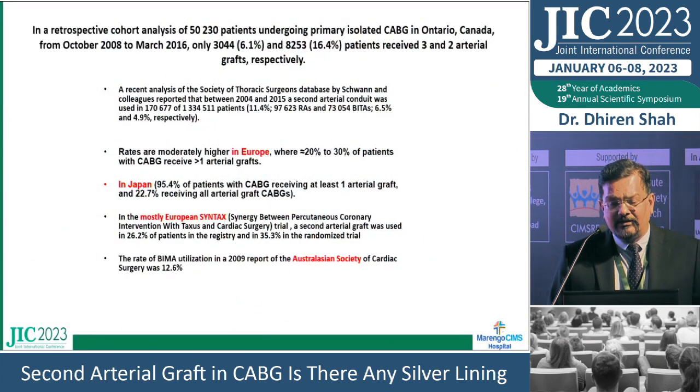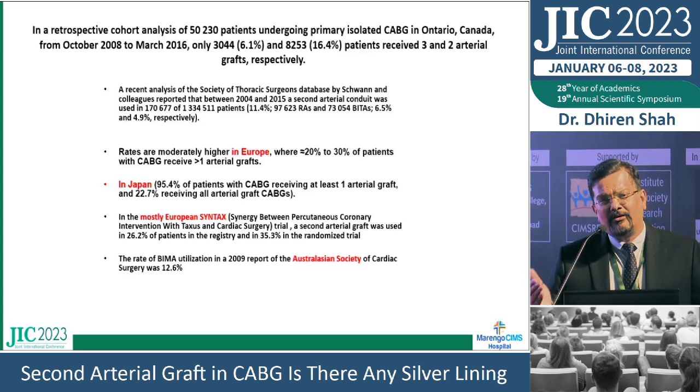If you look at the data across the European countries, the Canadian continent or the US, multi-arterial grafts are still done in almost 11 to 22% of the patients. The highest is probably in the Japan data, wherein 22.7% of patients receive multi-arterial or all-arterial, total arterial bypass grafting.